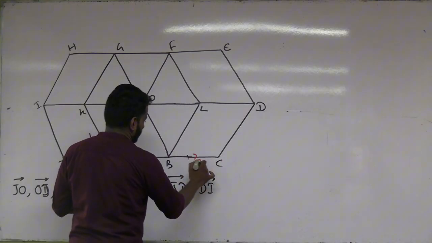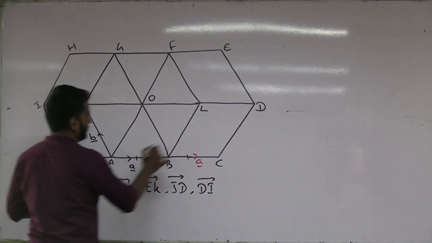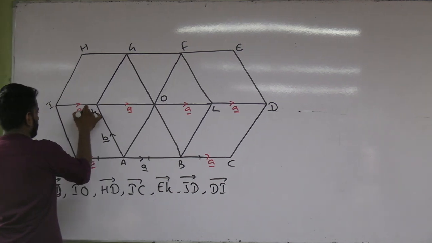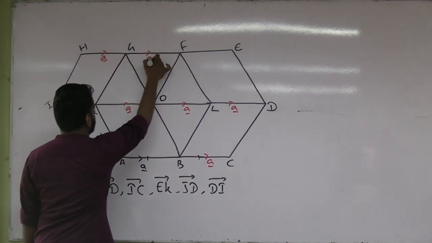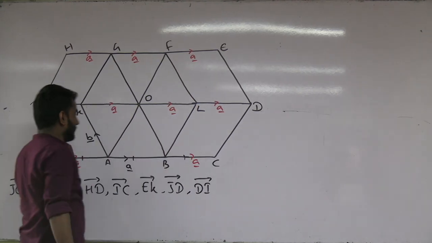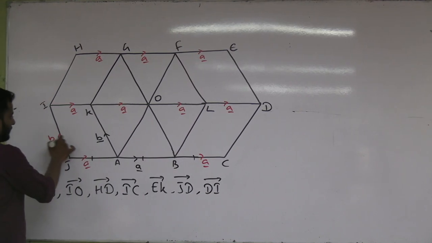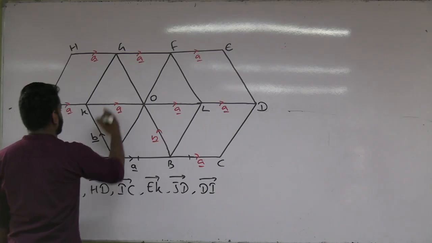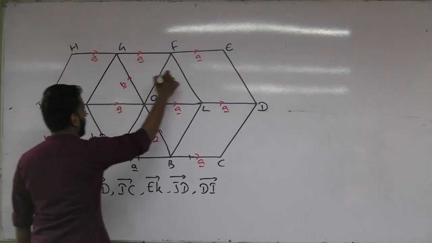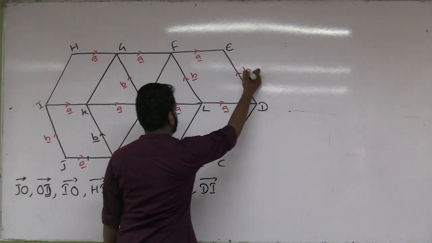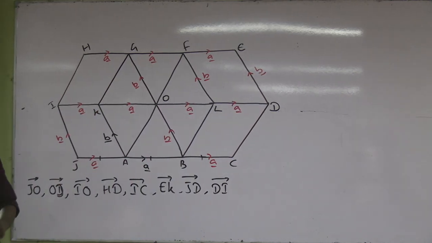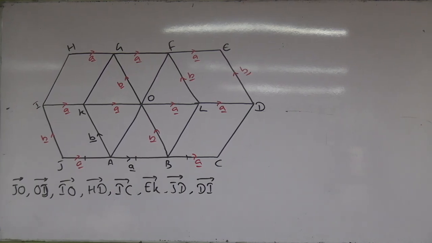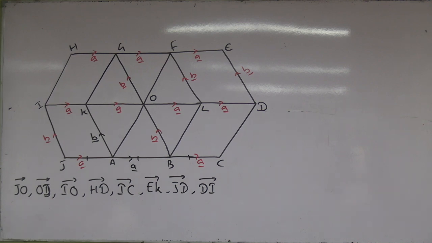So all the horizontal vectors can be written as simple A. This is A, this is A, this is A, and so on. And this is B, and apart from that we can consider this vector as B, and this vector as B, and this vector as B. So these are the equal vectors we have in the diagram. That's it. Now we can start finding the remaining vectors.